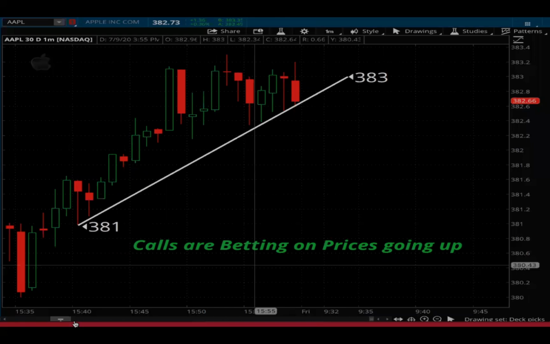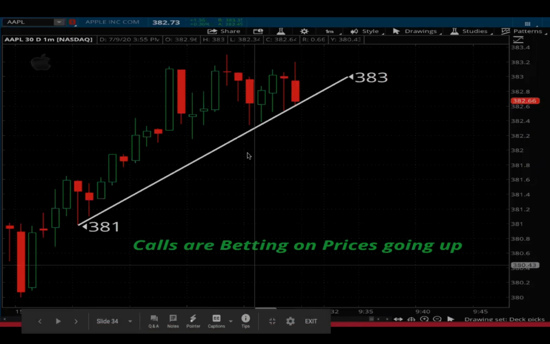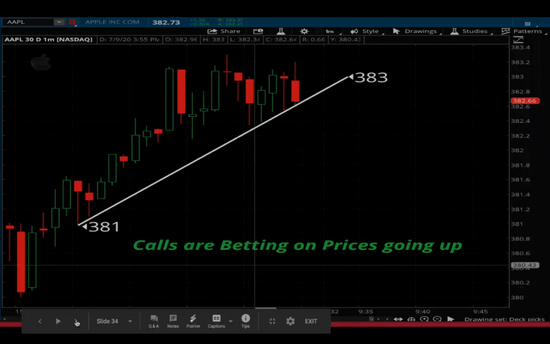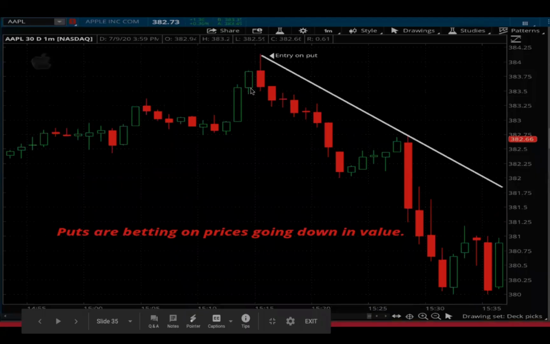But for one, let's say that we were betting on the market going up. Calls are betting on Apple going from 381 to 383. What's the difference between 381 and 383? $2. So if you bought a call on Apple here and it rose in price, you gained $2. Let's say you bought a put on Apple and you started your put way up here at 384.